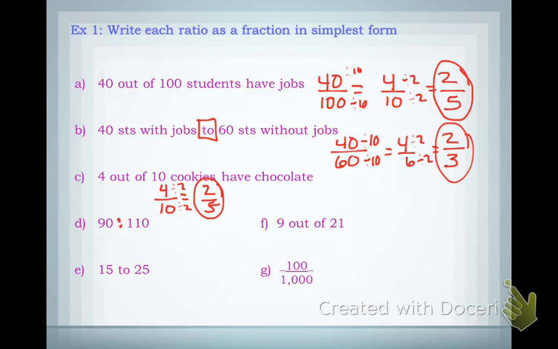But since we need it in fraction form, you're just going to do 90 over 110. And again, you have to reduce it. So I know 10 can go into both. So it would be 9 over 11. Well, they're both prime numbers, so nothing else can go into them.